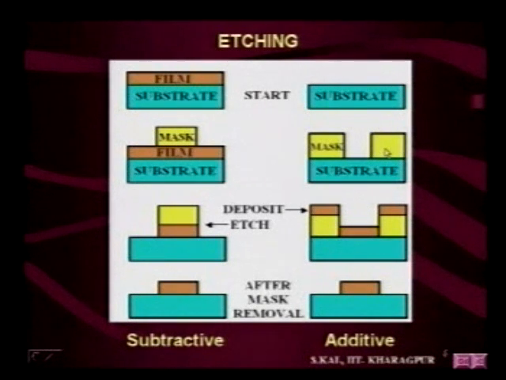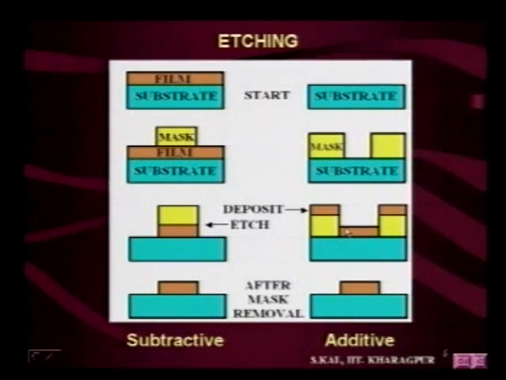Now you deposit the film, which, as I mentioned, may be oxide or metal. So that film is deposited after lithography and development are over. The metal film will deposit on the substrate and also on the mask layer.